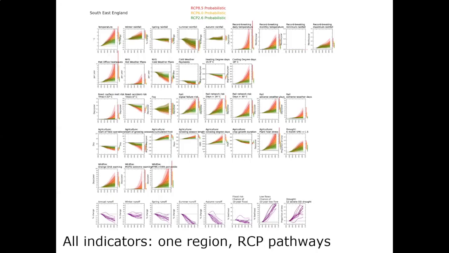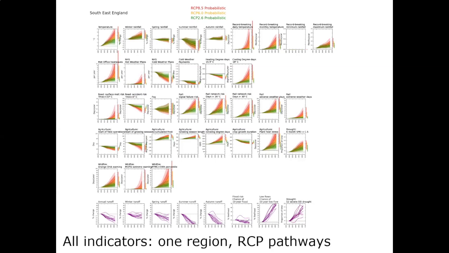So the first one, what we've plotted here is one particular region. This happens to be the Southeast England administrative region. We've plotted here all our indicators through time, mostly with the probabilistic projections.